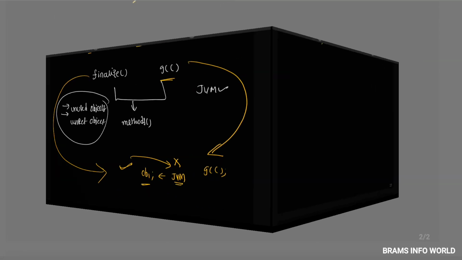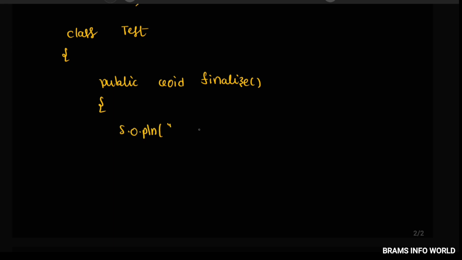Let us understand with a program. We are taking a class, and the class name is Test, and here we create a method. The method is public void finalize, and here I write System.out.println in double quotations, "object is garbage".